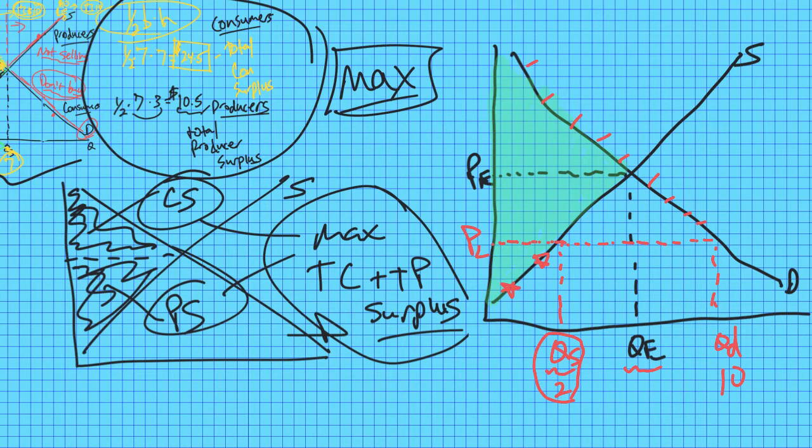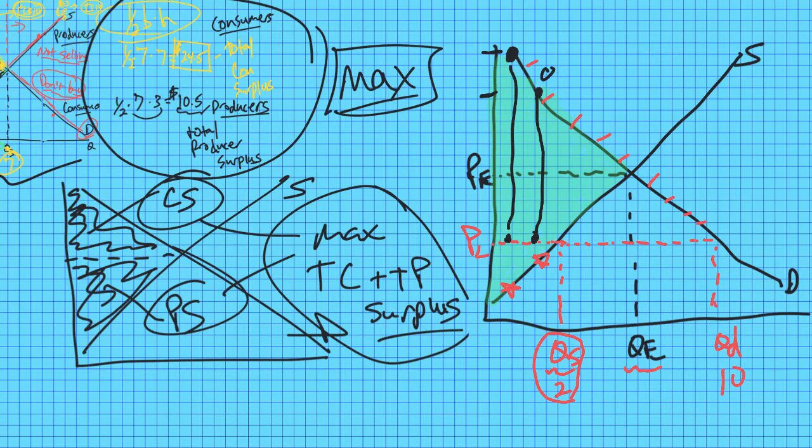So where's the producer or consumer surplus? Well, let's look at it like this. Let's say this person was willing and able to spend this amount, but actually spent that amount. So that is their consumer surplus. And this person was willing and able to spend this amount right there, and actually spent this amount. And so that's their consumer surplus.